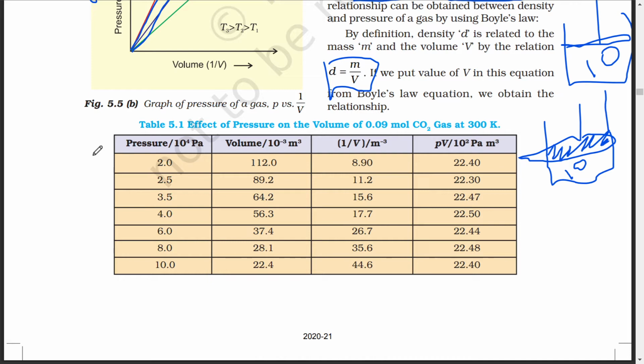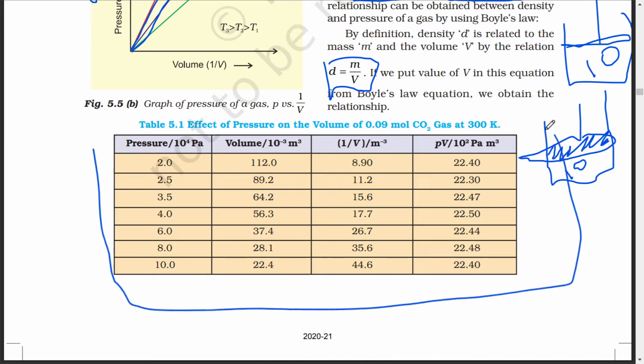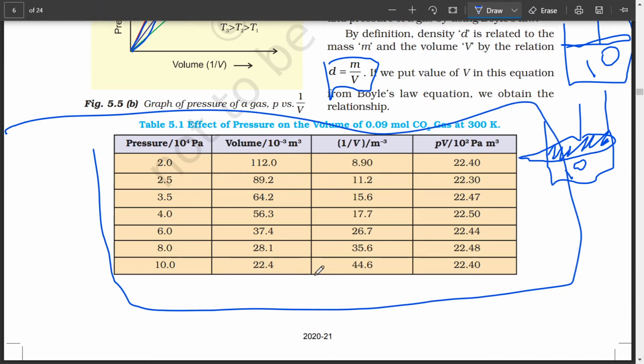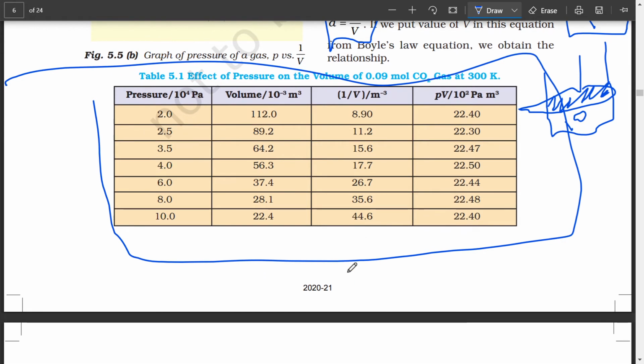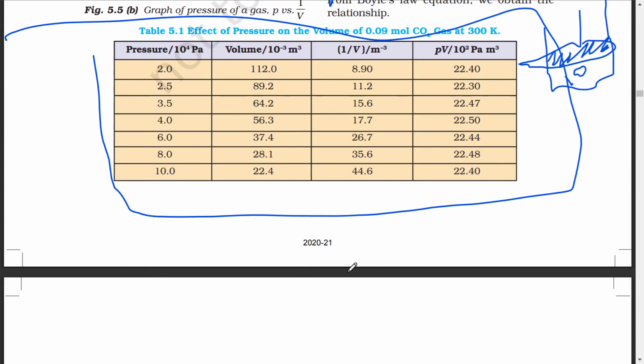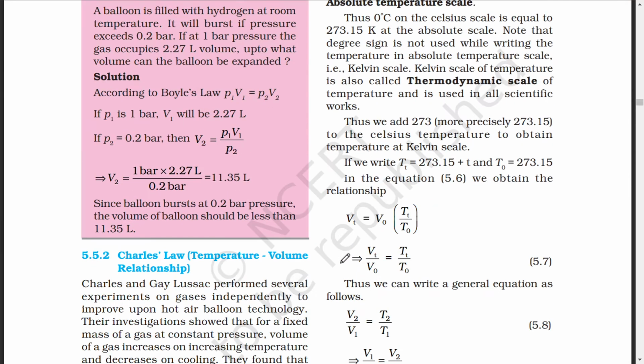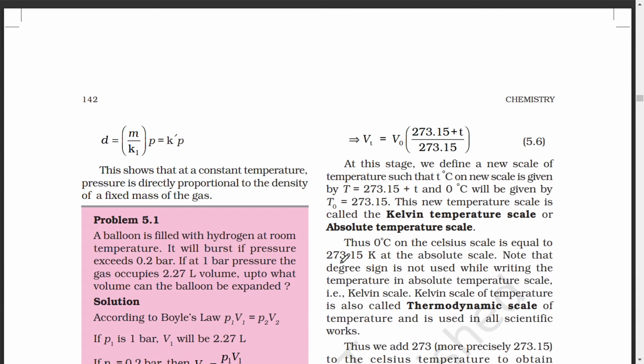This graph you can go through personally. I'm not going to go through this. It is important, of course. So just go through it once. Density is equal to m by k1 p, k dash p.